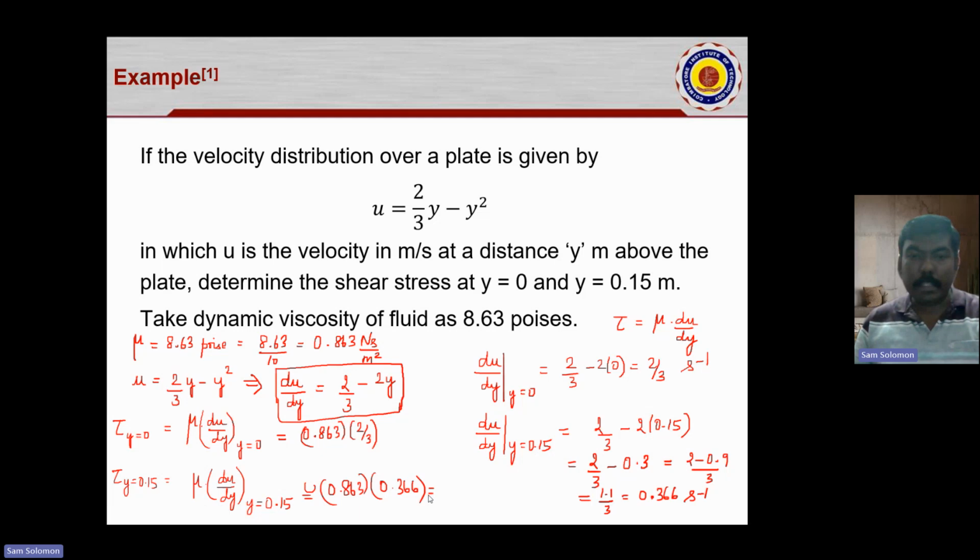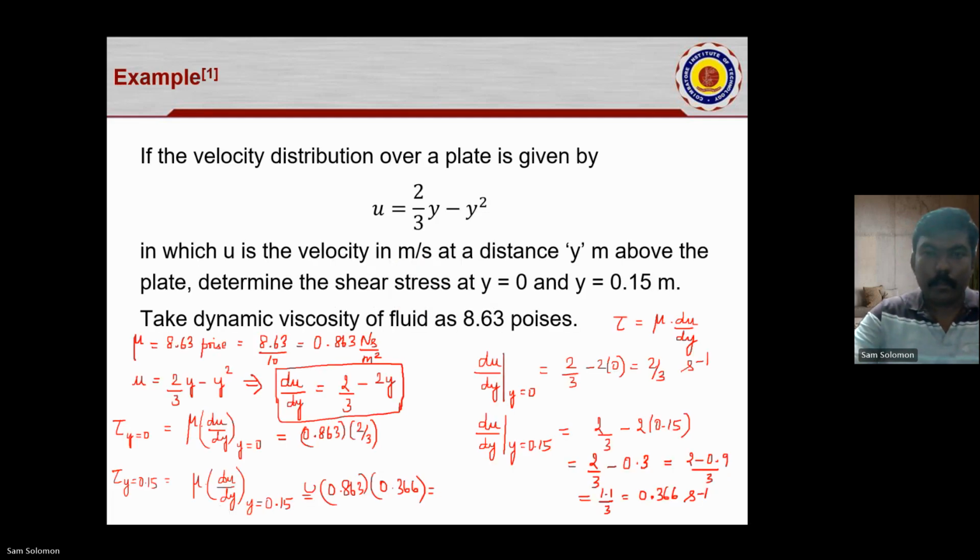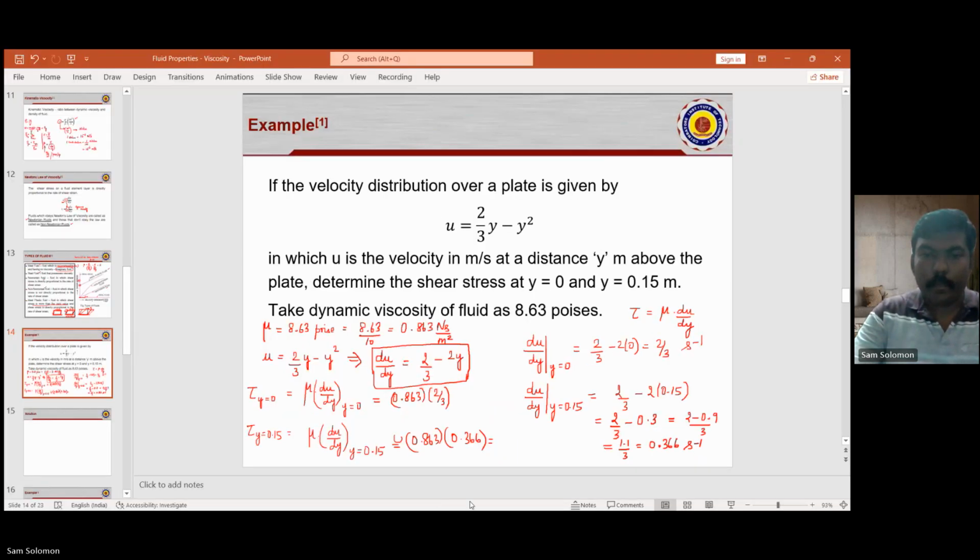So if I use the calculator, 0.863 into 2 divided by 3 is 0.57 Newton per meter squared.